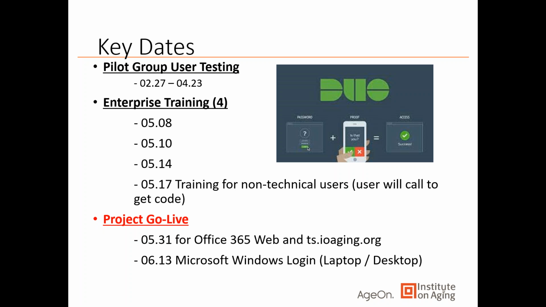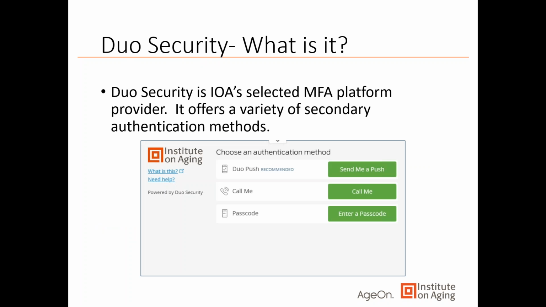So for the TSIO aging, that means the whole agency is going to be going to a new remote desktop, which doesn't use multi-factor, will be redirecting there. All right. And then ultimately, later on in June, we are going to be doing more multi-factor for the desktop and laptop experience. But for right now, your team is focused just on remote desktop.